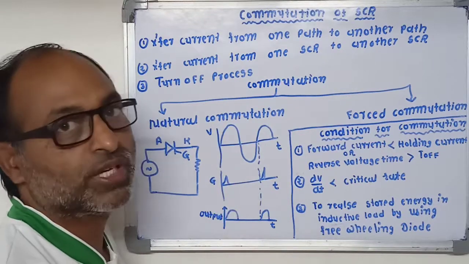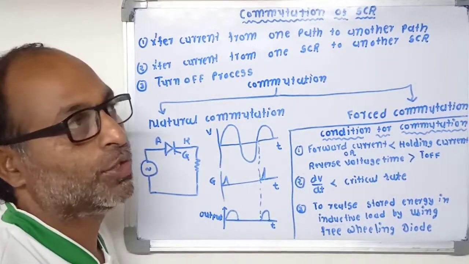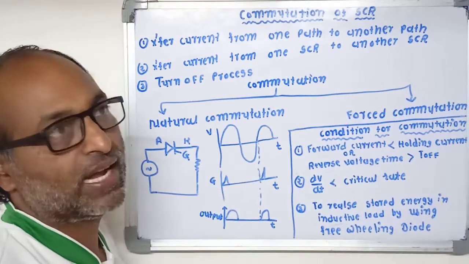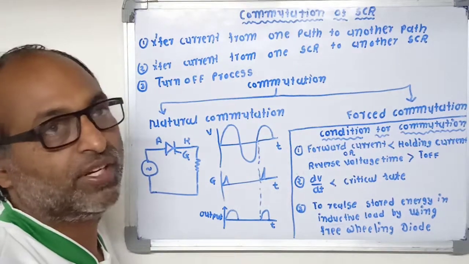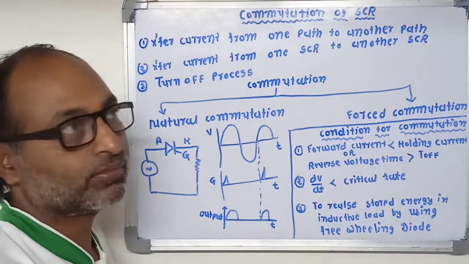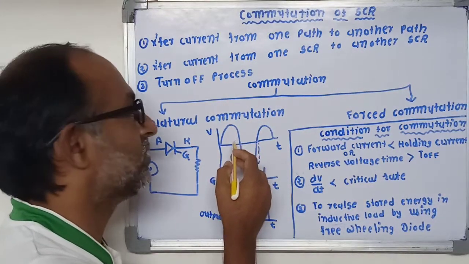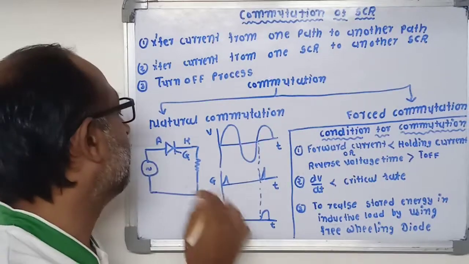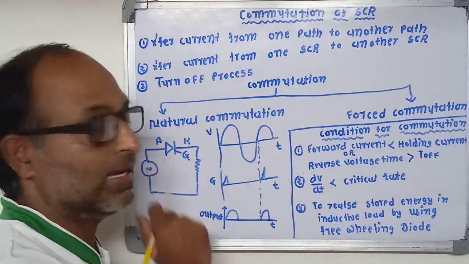In natural commutation, no external circuit or device is used to turn off the thyristor, but it turns off. It requires AC supply as an input. During the positive half cycle, the SCR is turned on by applying the gate pulse and anode current passes through this SCR.